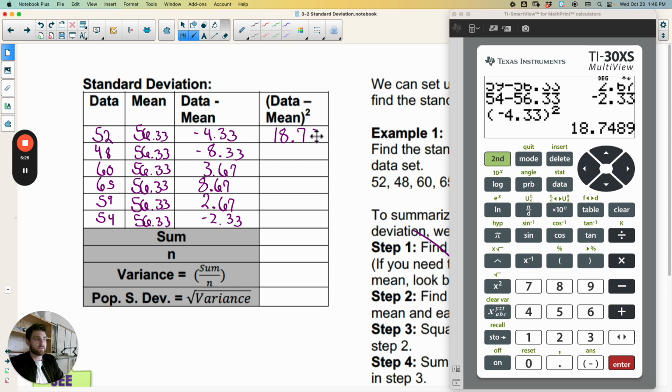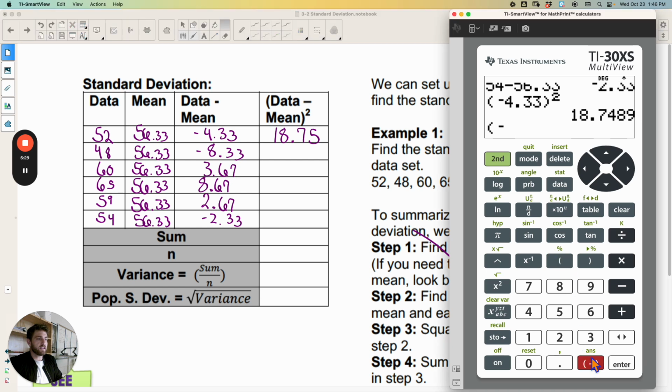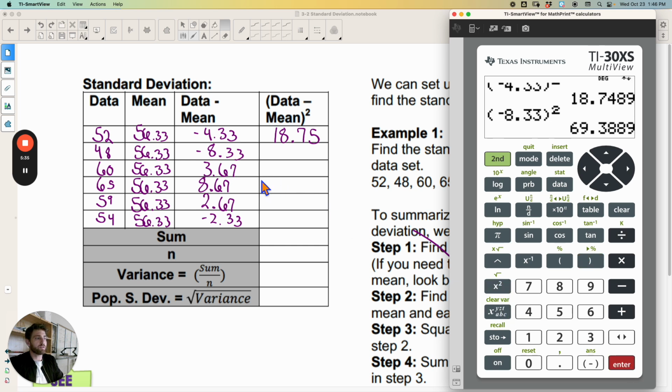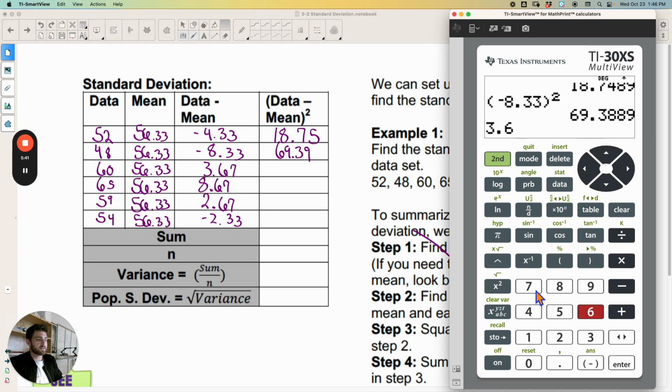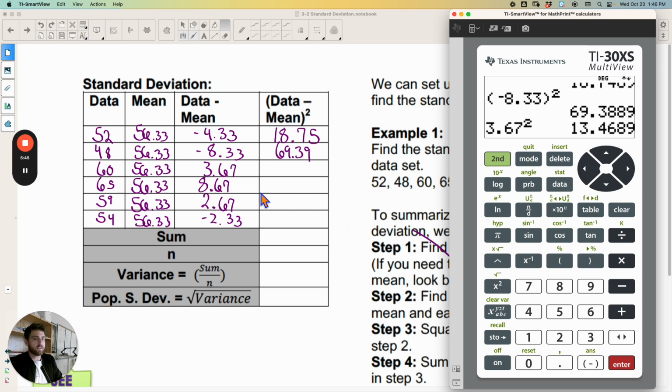The next one will be parentheses negative 8.33, close your parentheses, square it. That'll be 69.39. And then we have 3.67 squared. And I didn't use parentheses on that one because that's a positive value. So that'll be 13.47.